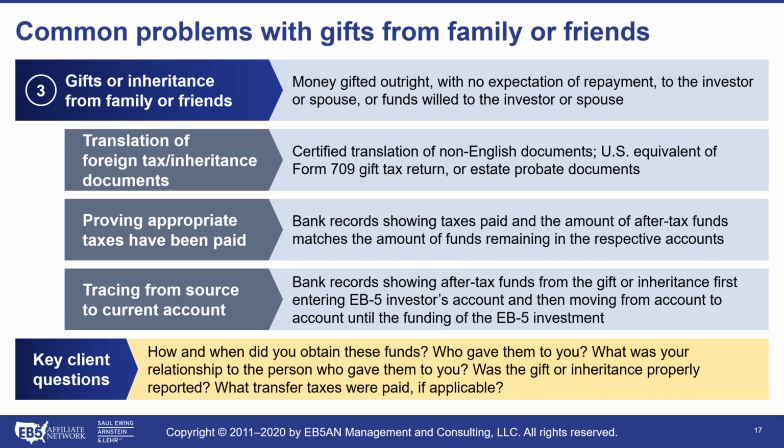I'm noting that many practitioners are seeing requests for evidence on I-526 petitions where the source is inheritance, that there is a more in-depth analysis of the history of the decedent. And so we're going to try to anticipate as much as possible and provide a set of robust documents that will describe who the decedent was and how they obtained the funds.